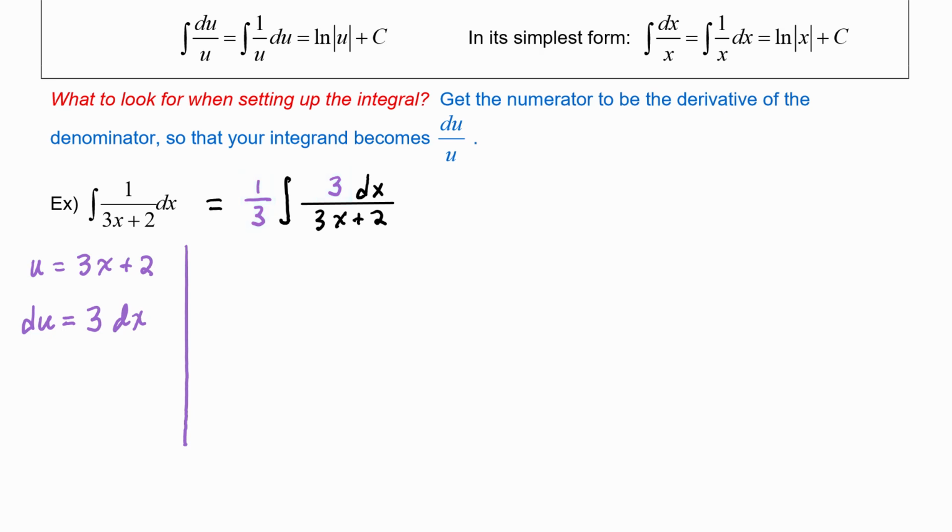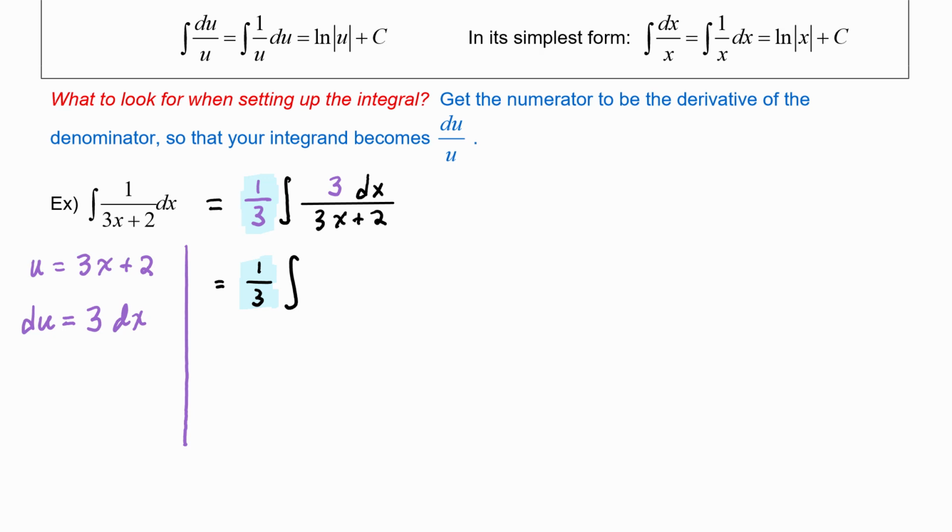Now we can substitute and write this integral in terms of the u variable. So let's bring down our equal sign. We have this 1/3 out front, so that will stay the same in the new integral because it's a constant, 1/3 integral.